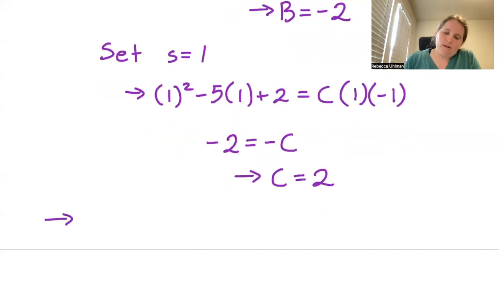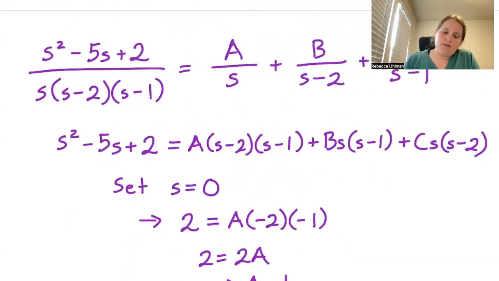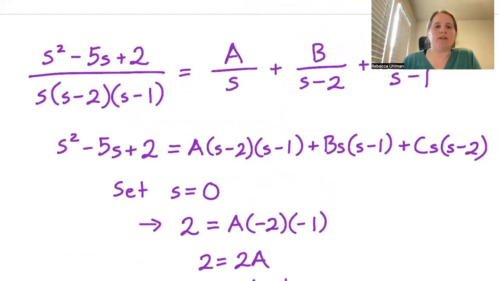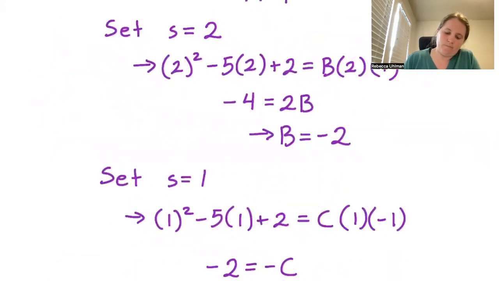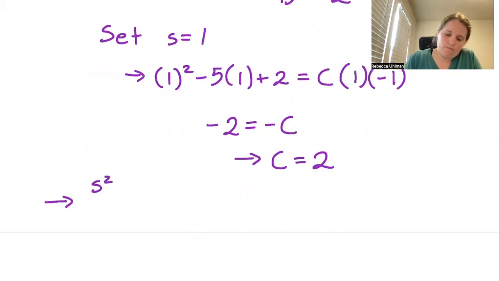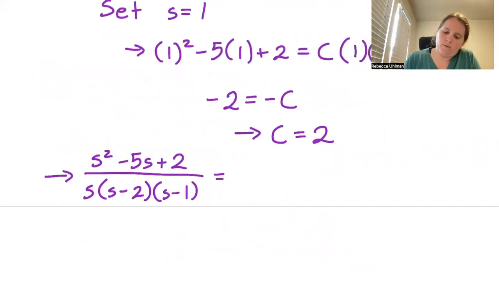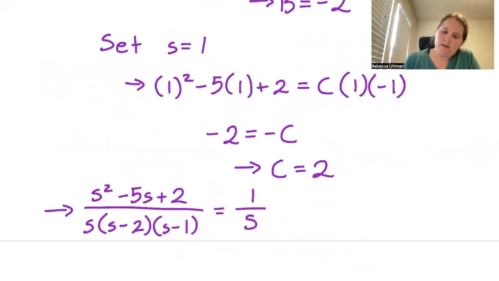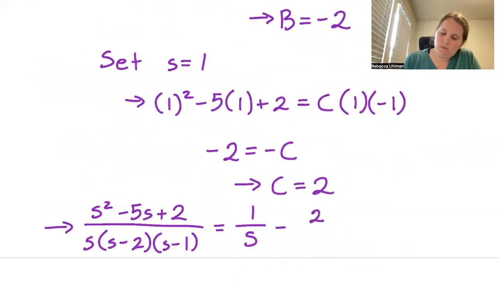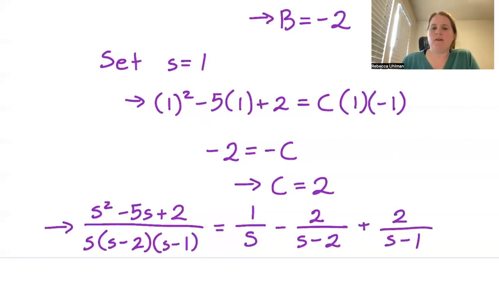So we have that our (s squared minus 5s plus 2) over (s times (s minus 2) times (s minus 1)) is equal to, our a was equal to 1, so we had 1 over s, then minus 2 over s minus 2, and then plus 2 over s minus 1. So that's figuring out the partial fractions for that component.